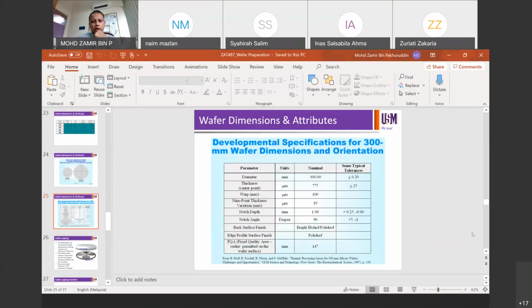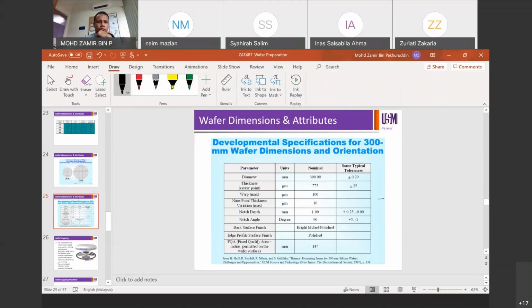Right, these are other parameters that we need to see in the silicon wafers. Diameter, thickness, warp. Right, this is warp. You don't want to have warp. It's bent. Thickness variation, 9-point thickness variation, is also called TTV, total thickness variation.